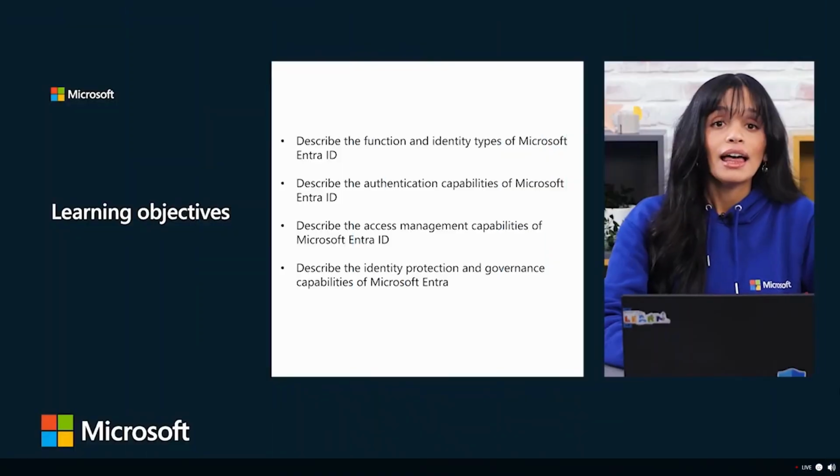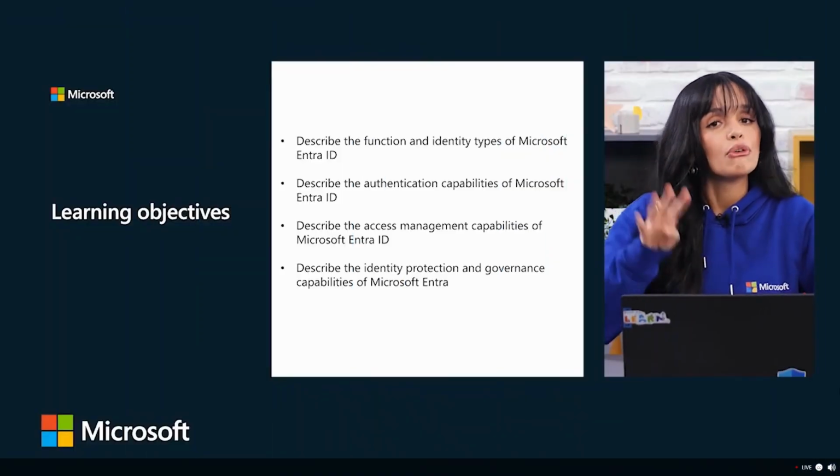In session 2, we will explore the services and identity types of Microsoft Entra ID, along with the capabilities of Microsoft Entra ID, including authentication, access management, and identity protection and governance. So let's start. This session is broken into 4 lessons.